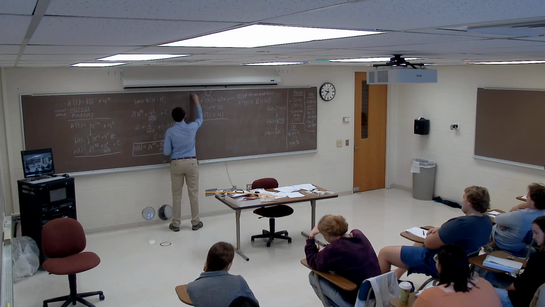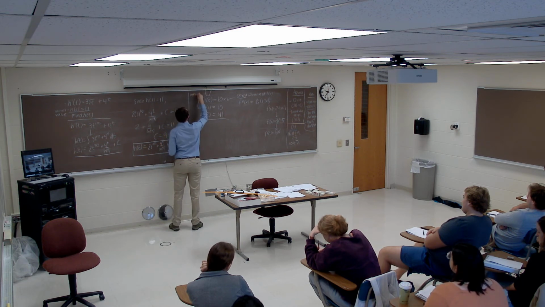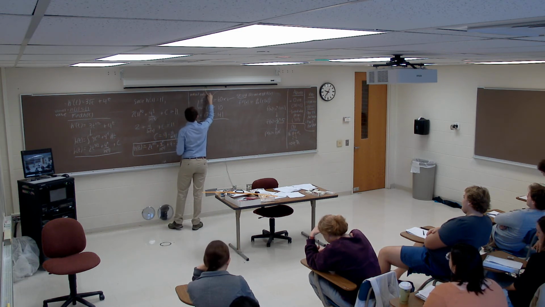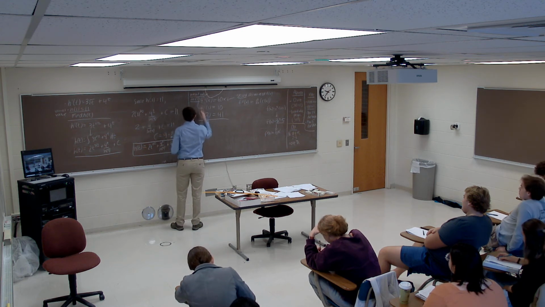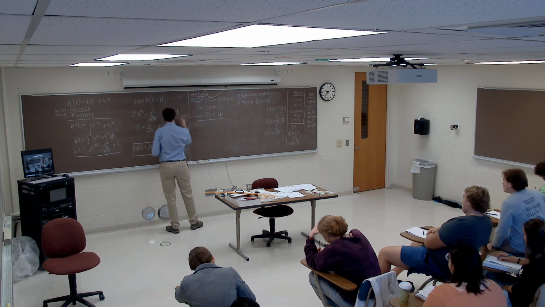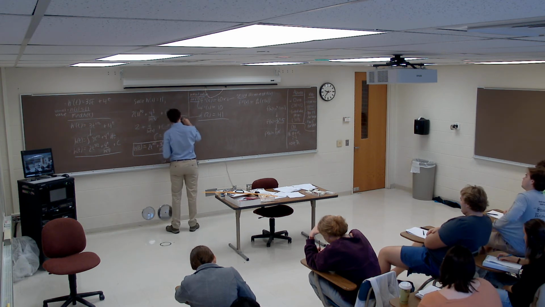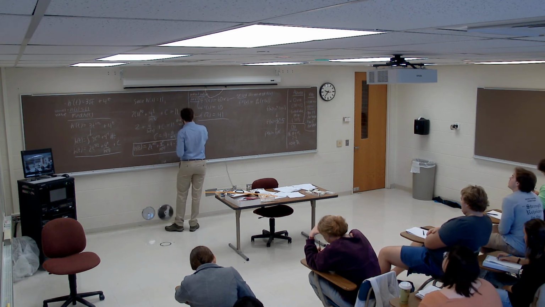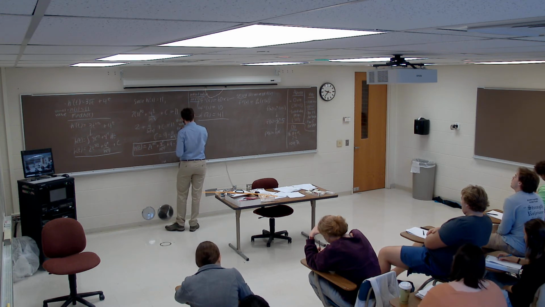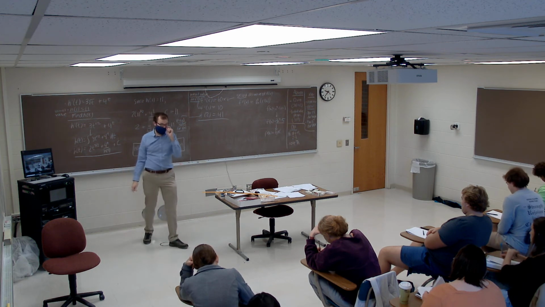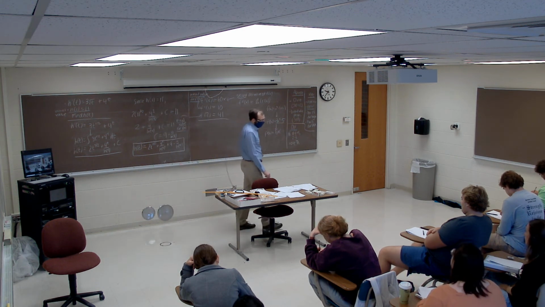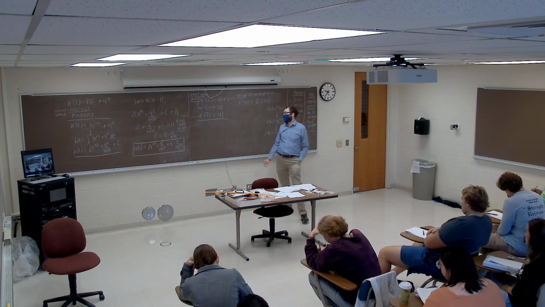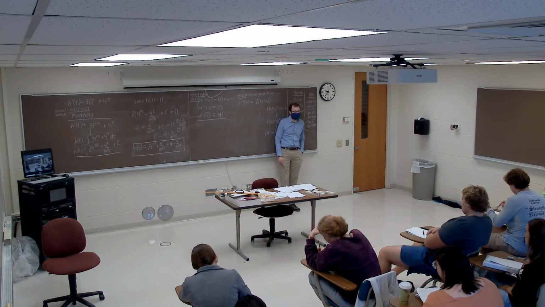We're given an initial value for f prime of x, and we're going to have an initial value for f of x as well. And our goal is going to be to find a formula for f of x based on all of these pieces of information.